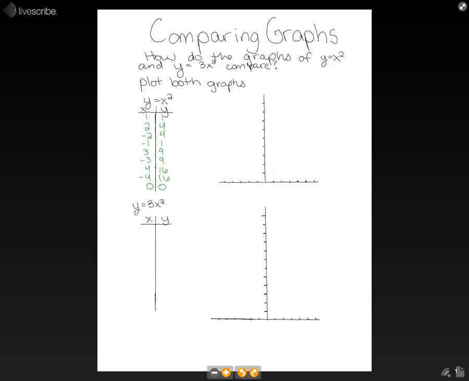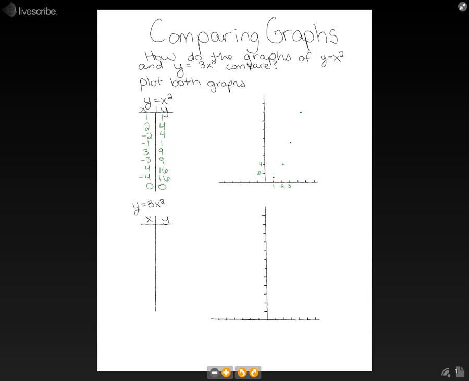So we have 1, 1, and we're going to make this scale by 2's on the y-axis and by 1's on the x-axis. So 1, 1 is going to be about here. We have 2, 4 here. We have 3, 9, about here, and then we have 4, 16, which is going to be up here.